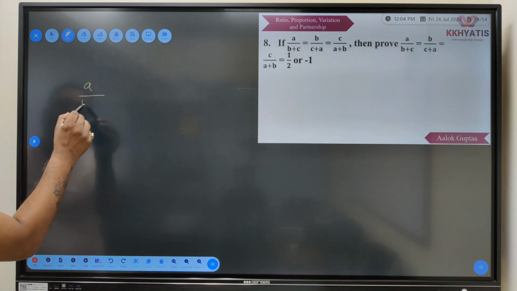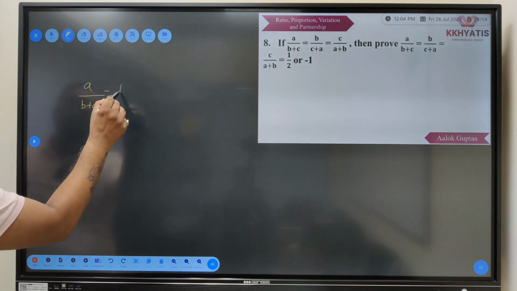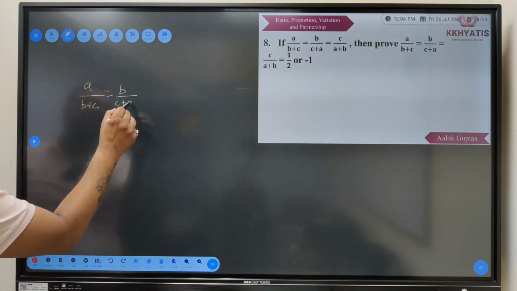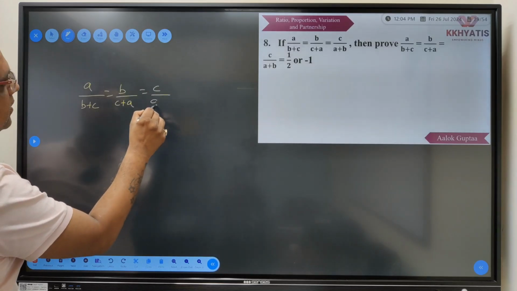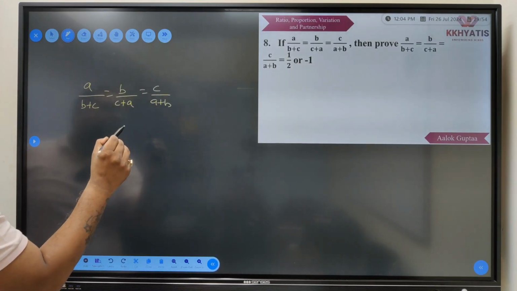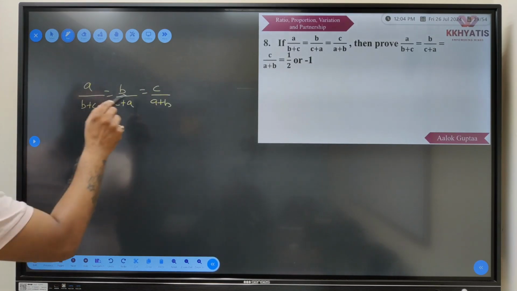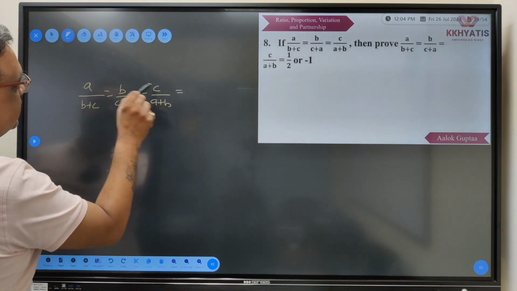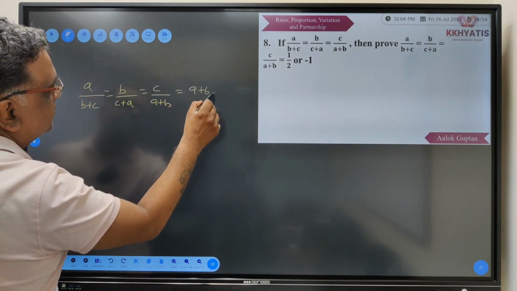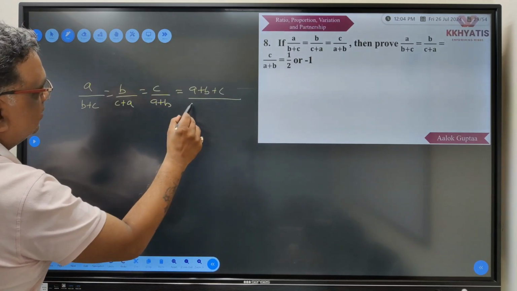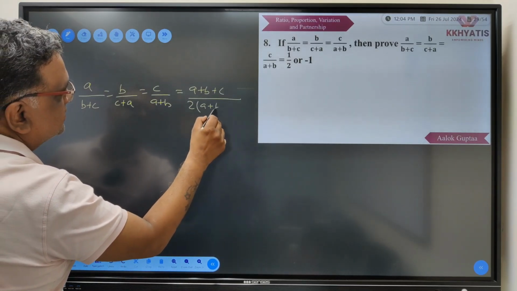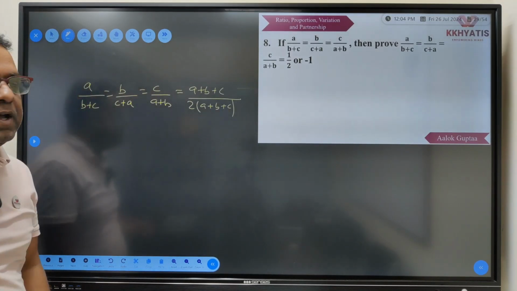a/(b + c) = b/(c + a) = c/(a + b), which means each of these should be equal to (a + b + c)/(2(a + b + c)). We have seen this theorem.